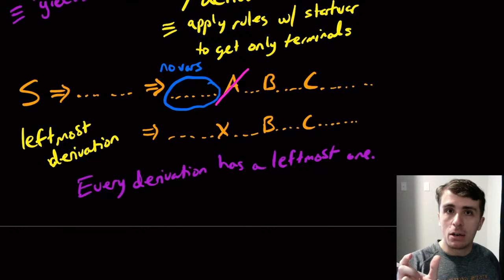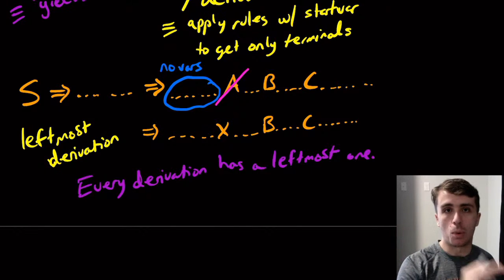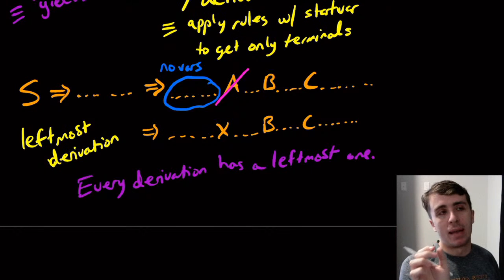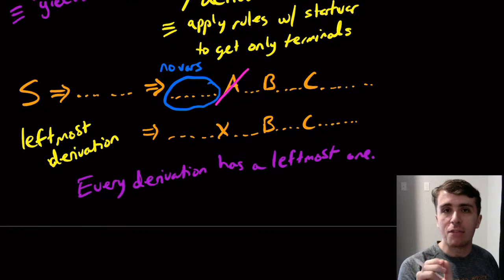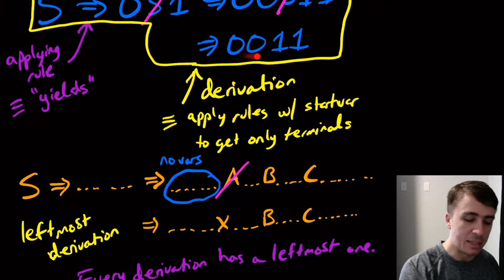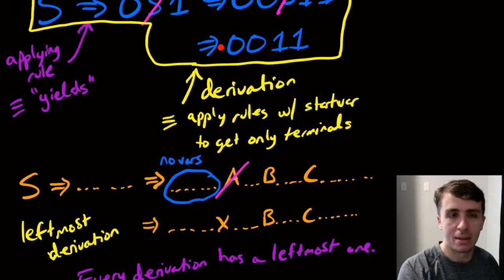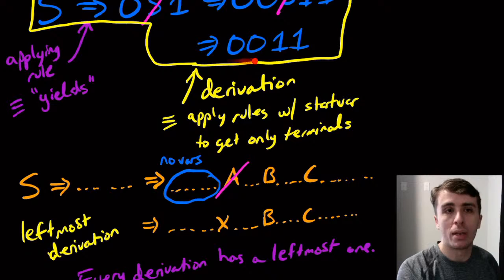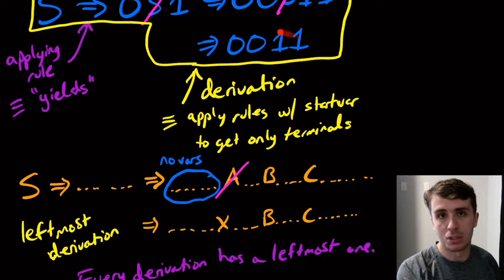So if you have a derivation, you were successfully able to apply a rule at each point. So then what happens is, if you want a leftmost version of that derivation, just focus on the leftmost variable. It must have gotten replaced at some point because we're dealing with a derivation, and derivations don't end with variables at the end.